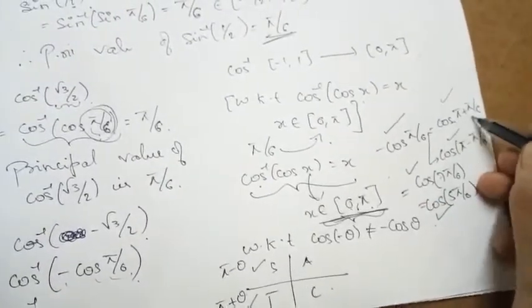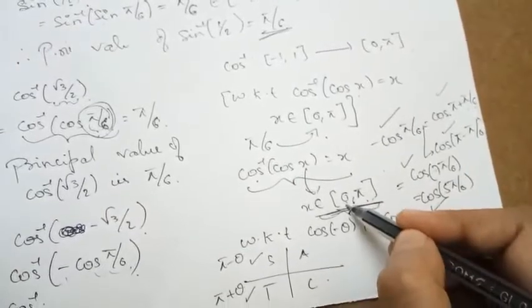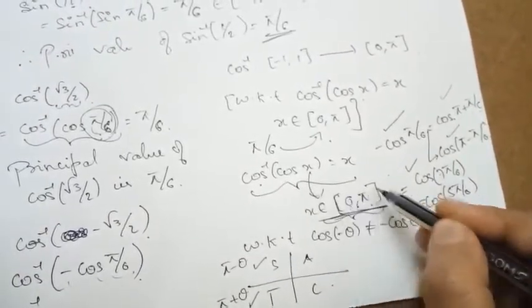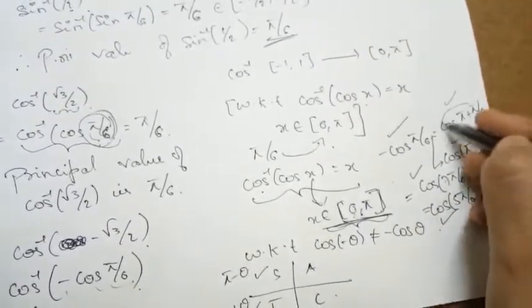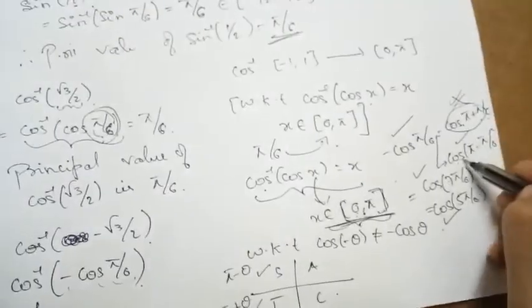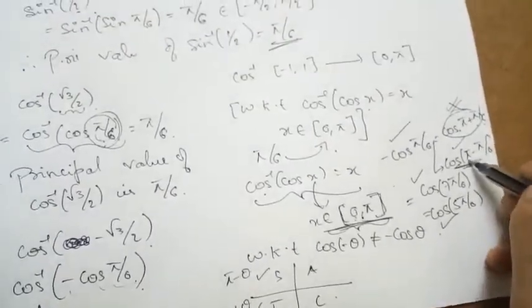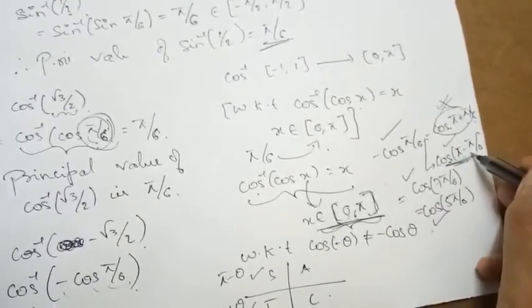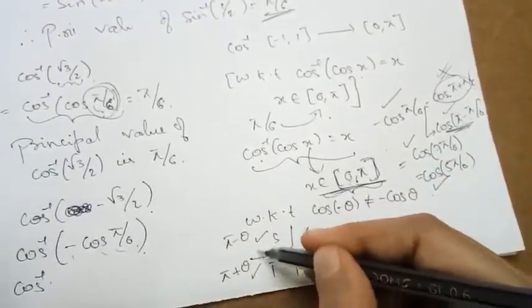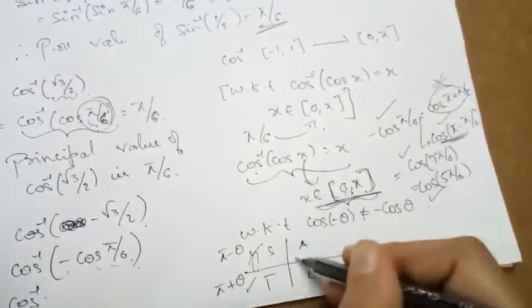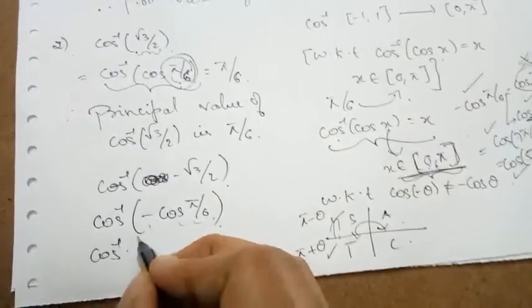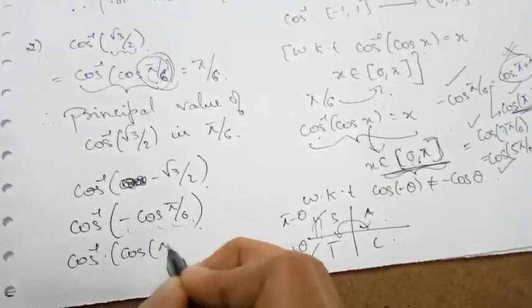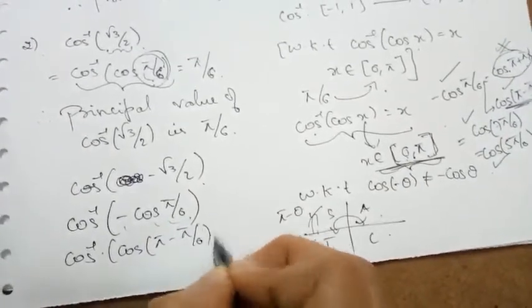Suppose I take pi plus pi by 6, that range is out of the principal value branch, so I am not taking this range. I am choosing this range, that is, writing minus cos pi by 6 as cos of pi minus pi by 6. If I take pi minus pi by 6, it comes within the 0 to pi range. So I will replace minus cos pi by 6 with cos of pi minus pi by 6.